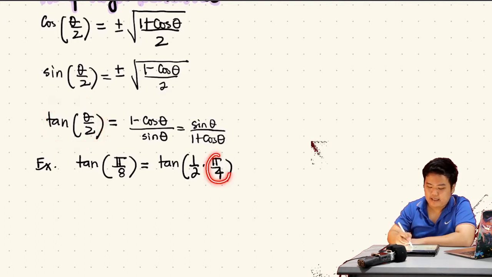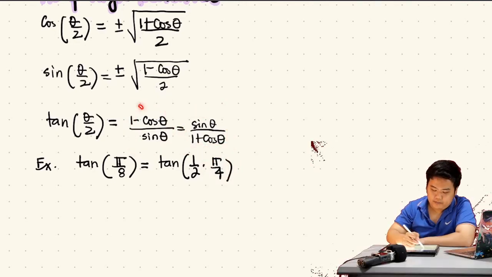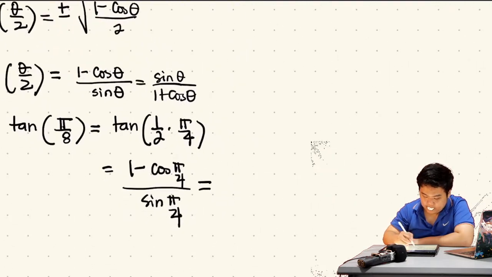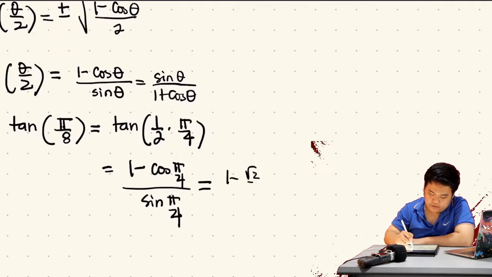Our theta is pi over 4. So, kahit ano dito sa dalawang to, pwede ninyong gamitin. O, trip kong gamitin ito. 1 minus cosine theta, which is pi over 4, over sine pi over 4. Let us simplify. 1 minus square root of 2 over 2, over square root of 2 over 2.